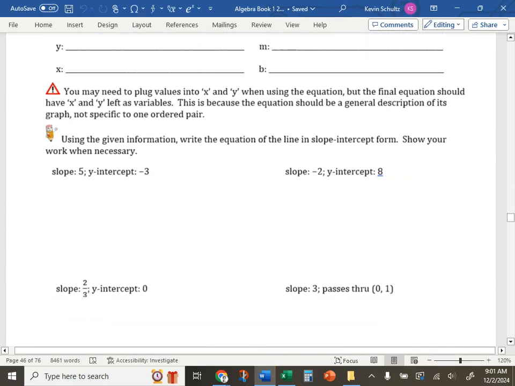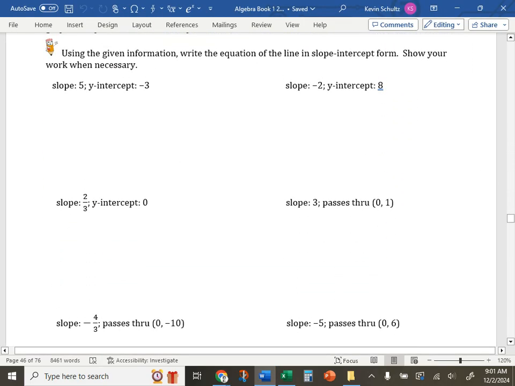So Lucas, excellent question there. All right. This is type number 1 here, where I give you the slope and I give you the y-intercept. Your job is to write the equation of this relation in slope-intercept form. So slope-intercept form, y equals mx plus b.